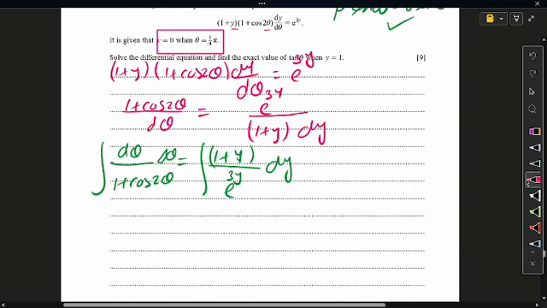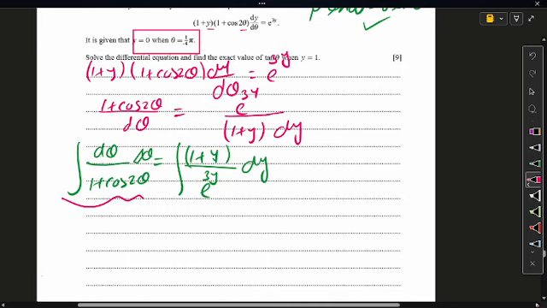If I consider that side only first, look here, this is 1 plus cos 2 theta. It could be written by a double angle formula. You have to think of a formula of cos 2 theta that will make your simplification easy. There are many formulas that you can use, double angle formula, triple angle formula. Either cos 2 theta could be written as 1 minus sine square theta, or in terms of sine 2 theta.